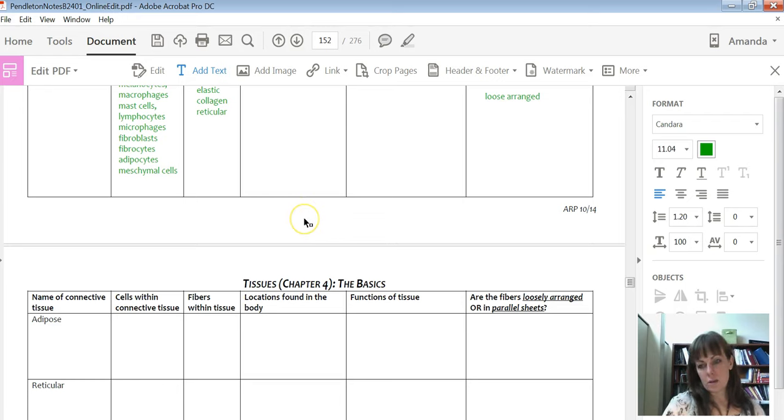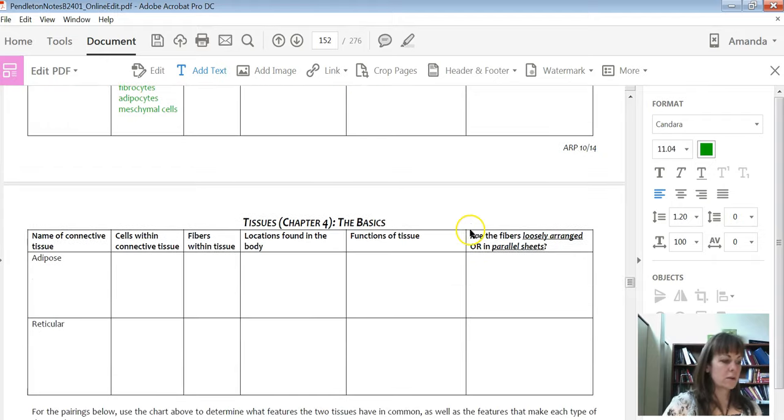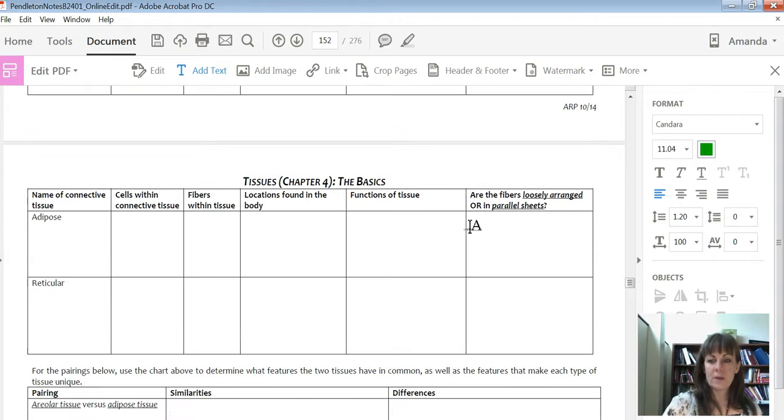So I'm going to take you through the fibers, and find a few things that are maybe a little bit counterintuitive. So adipose tissue has very few, if any, fibers. Okay.